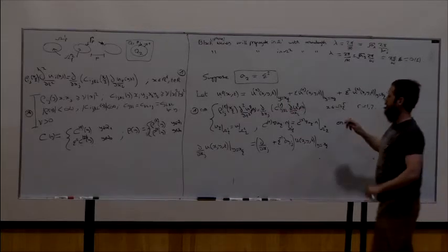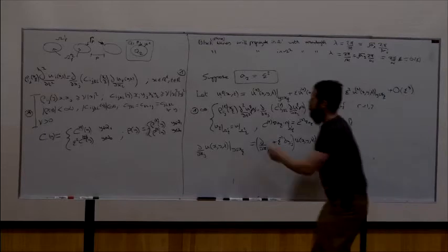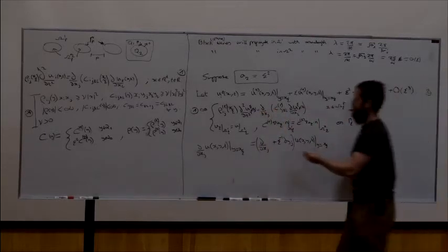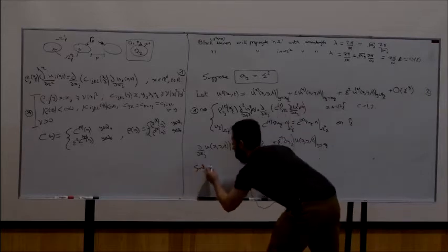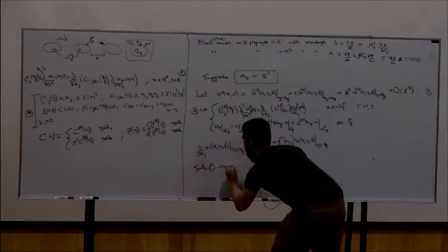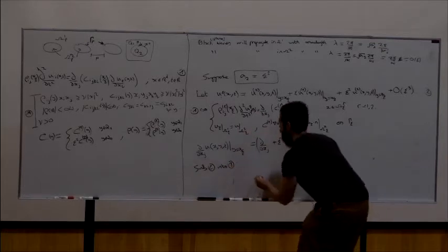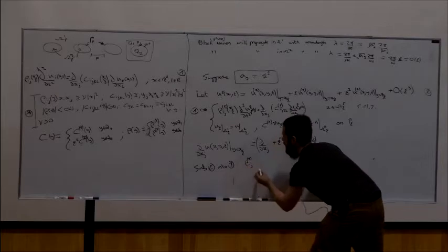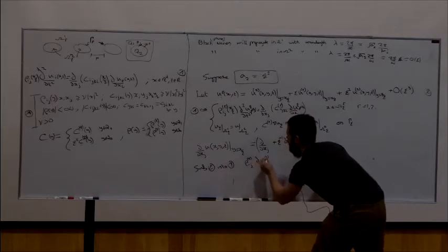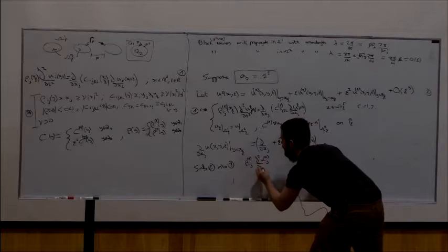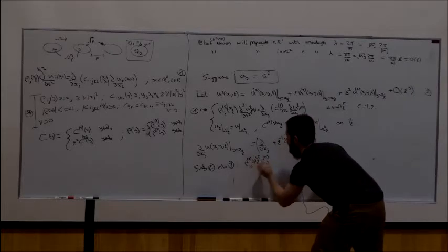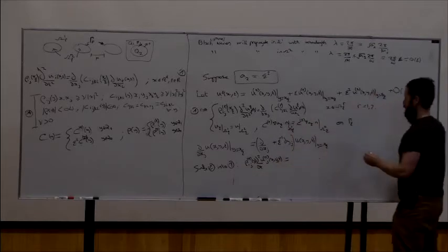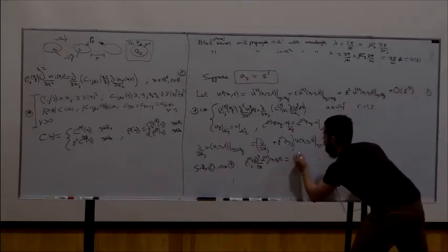So we can plug the equation in. Let's substitute equation 2 into 1. For example, we would have rho 1 ij d squared u0 j over dt squared, and then you get an epsilon to the minus 2.